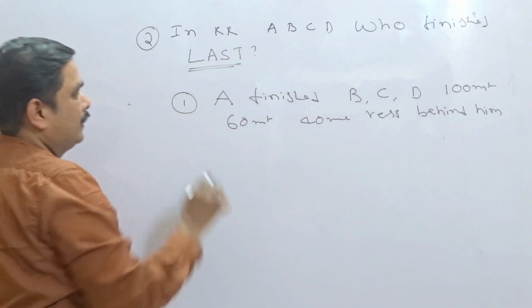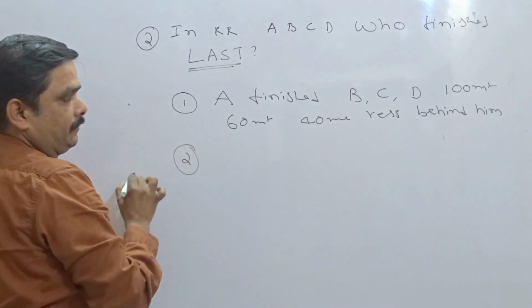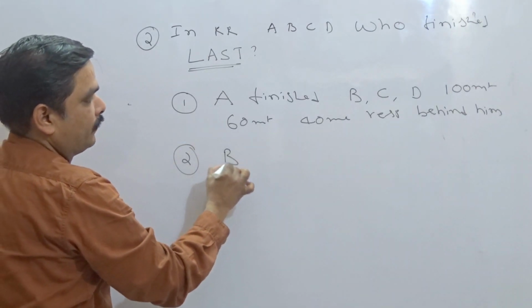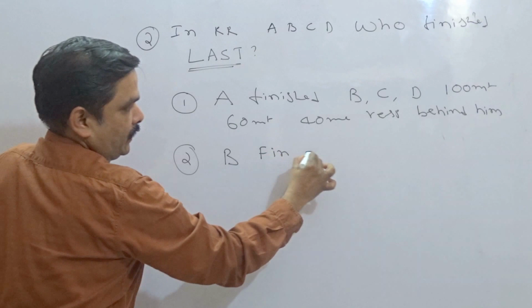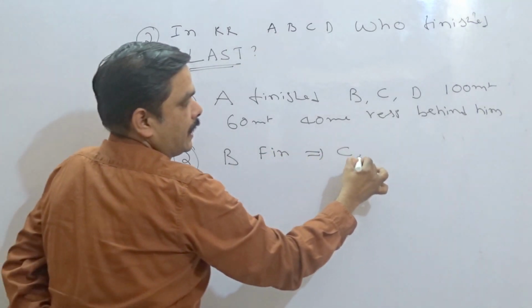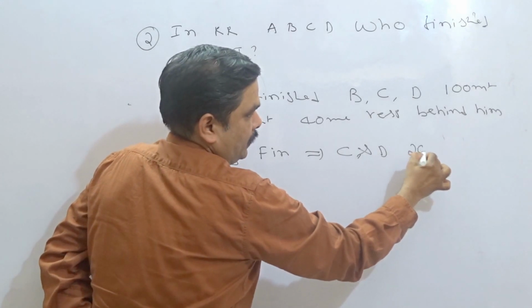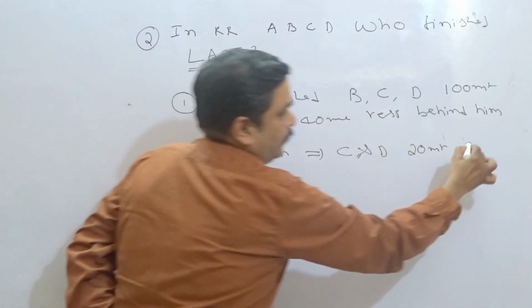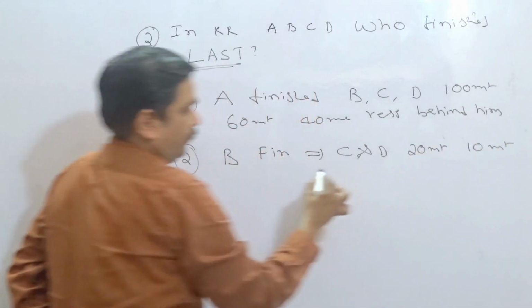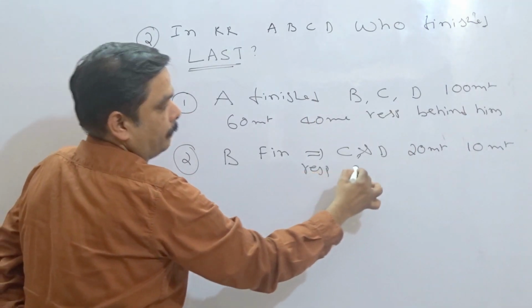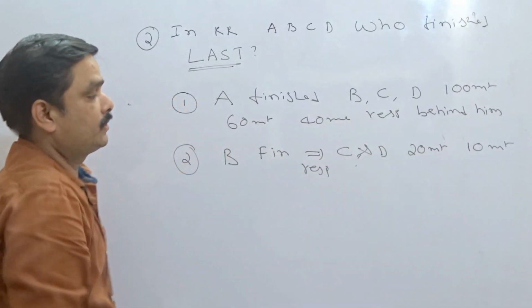Then statement 2 says: when B finished the race, C and D are, let us take, 20 meters and 10 meters respectively behind him.